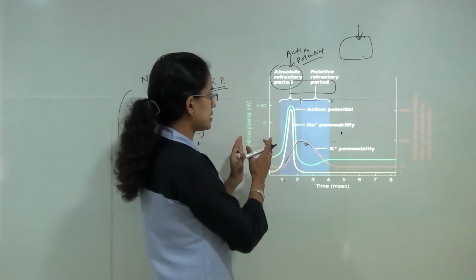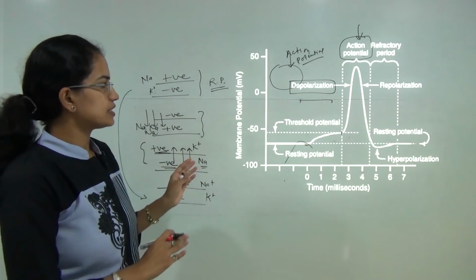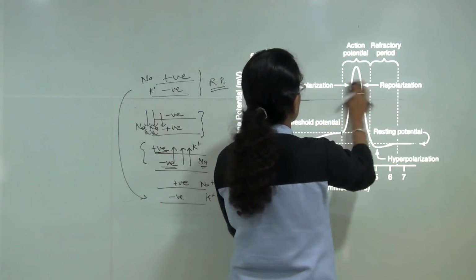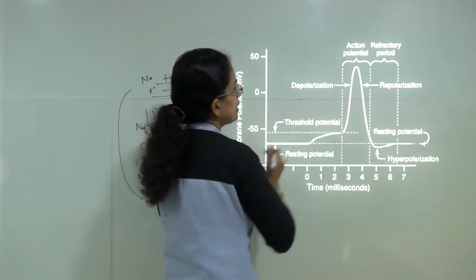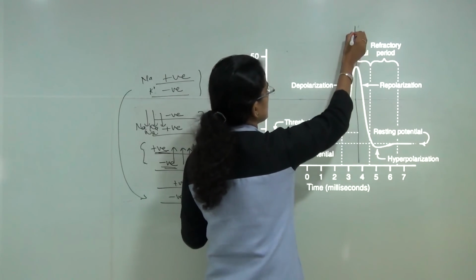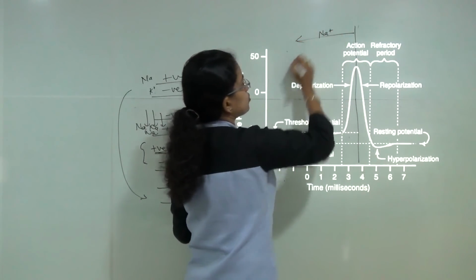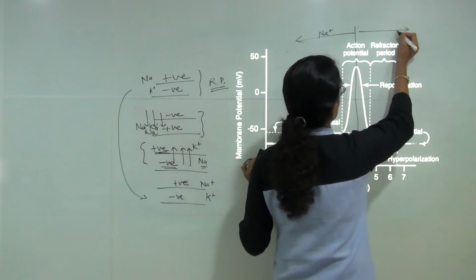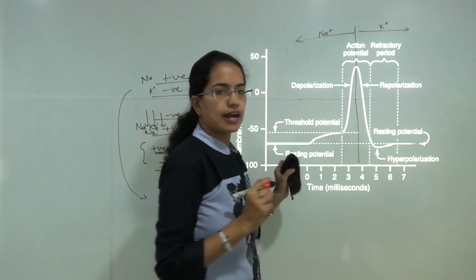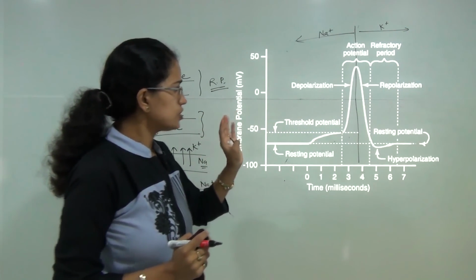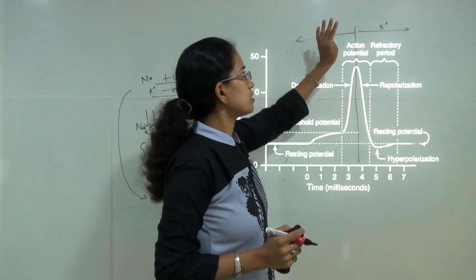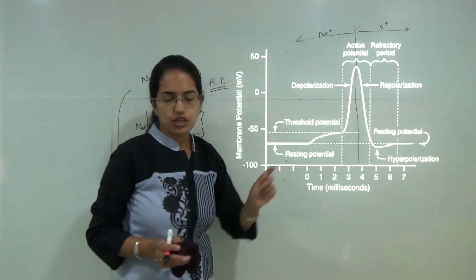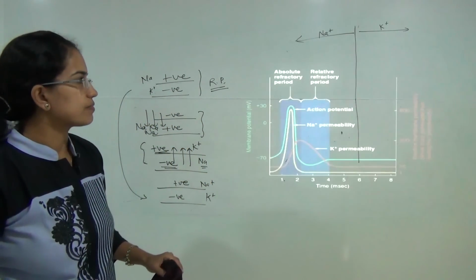So if I move back to the previous diagram and try to explain it with the help of the sodium and potassium channels that open, I can say towards the initial stages you would have sodium channels that would open and close, and towards the later stages you would have potassium channels that would open and close. So there is opening and closing of sodium here, and then during the refractory period you would have opening and closing of the potassium channels that would take place.